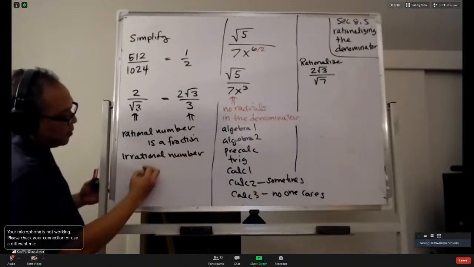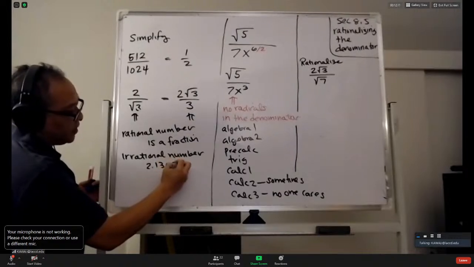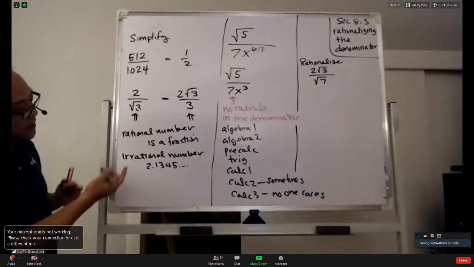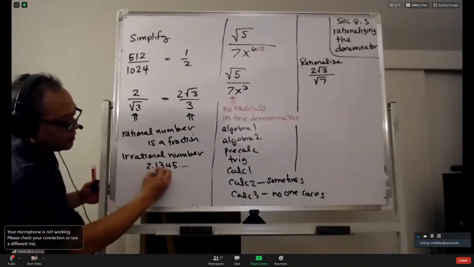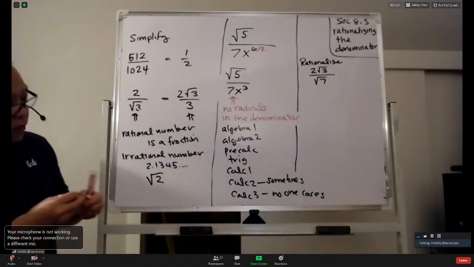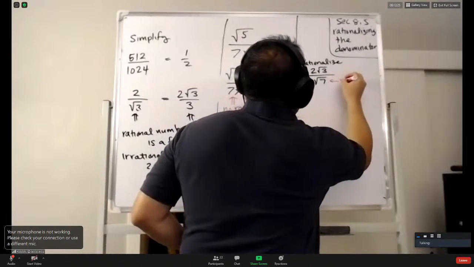An irrational number is a number that goes on forever and never repeats. And one of the easiest ways for us to create an irrational number is to give you a square root that you never resolve. So this right here is a rational number.